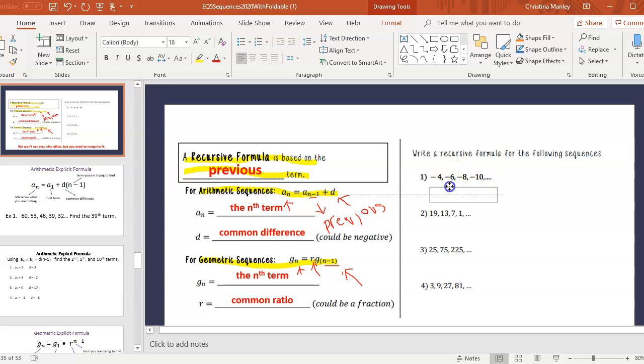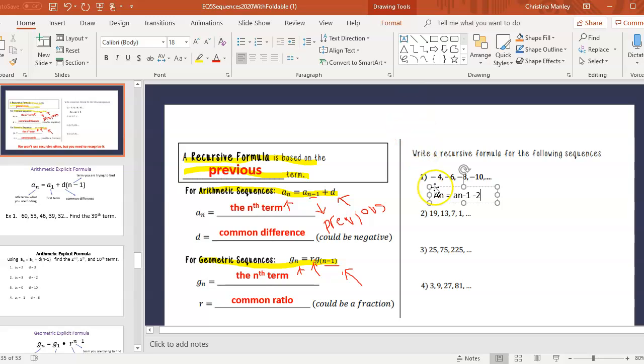So if you remember from last time, number 1 was an arithmetic sequence with a common difference of -2. So this time we're going to use the recursive formula, which is a sub n equals a sub n minus 1. And then this time all we're going to do is put in the common difference, which is -2.